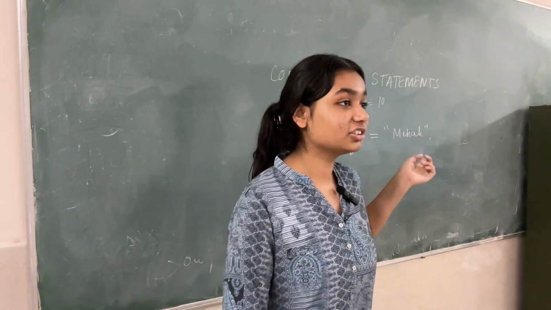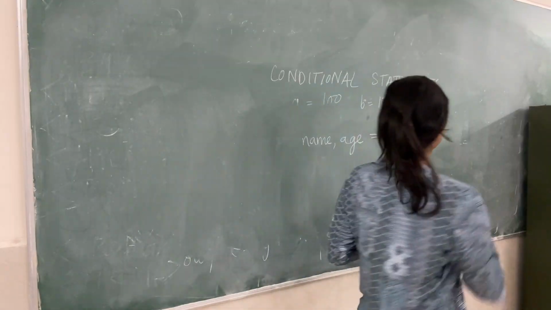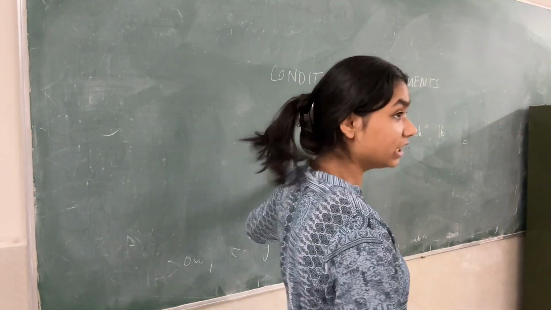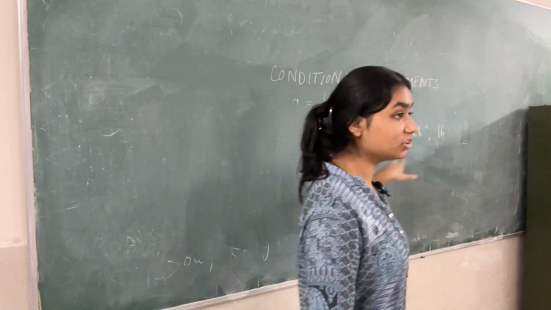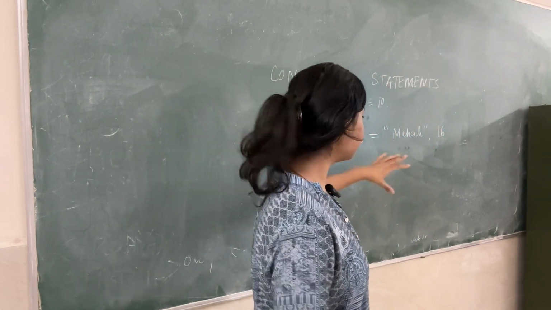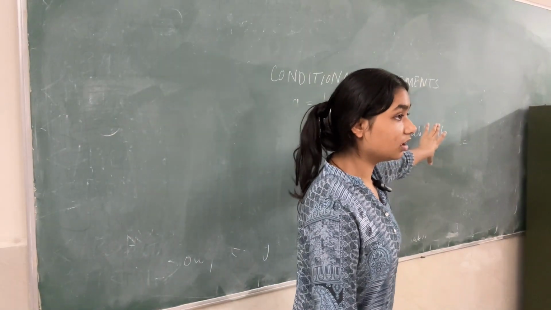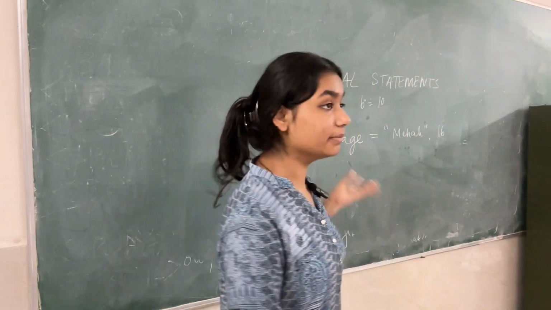Mehak, what's your age? 16. So this will assign Mehak to name and then 16 to age. This is also how you can give two variables data at the same time.